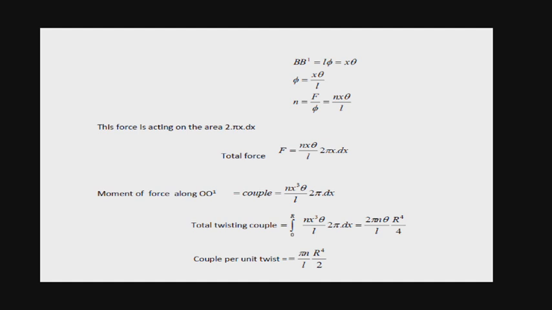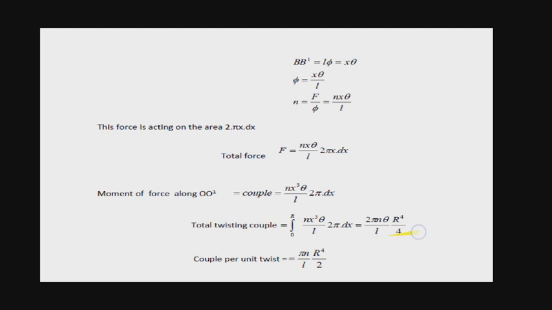that is 2 pi eta theta divided by L, x cube integrates to x to the power 4 divided by 4. So, with respect to 0 to R, that is r to the power 4 divided by 4 minus 0, that is 2 pi eta theta divided by L into r to the power 4 divided by 4.